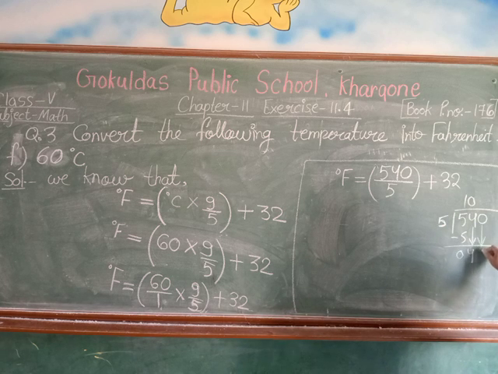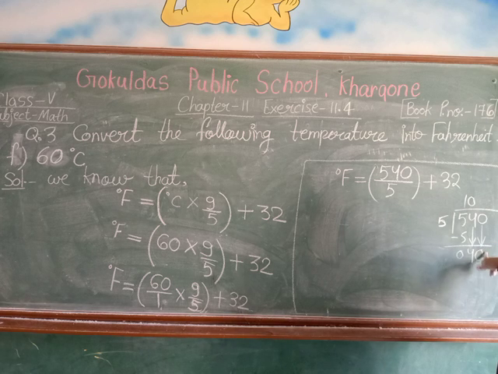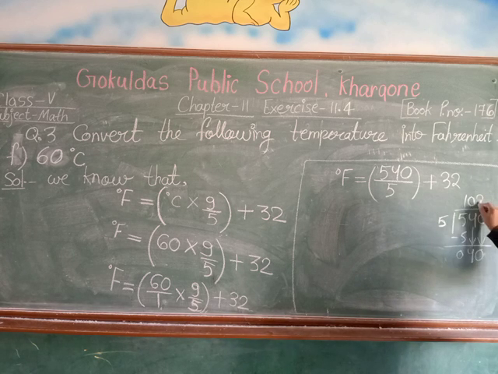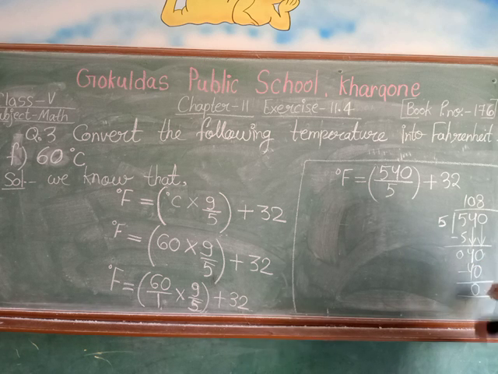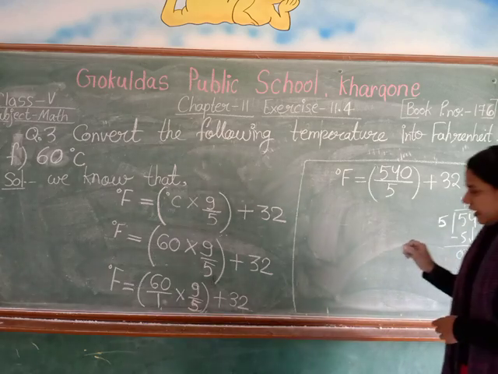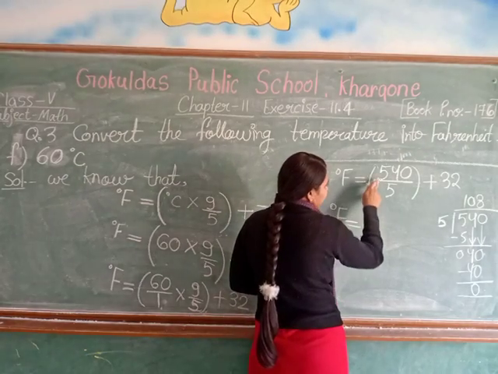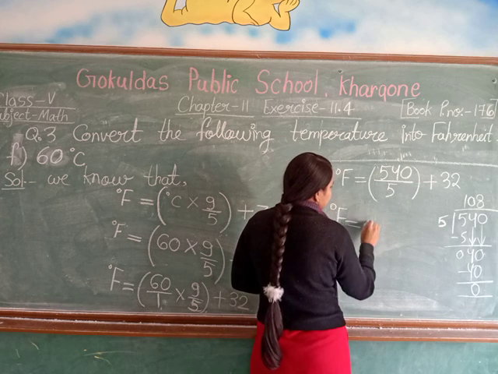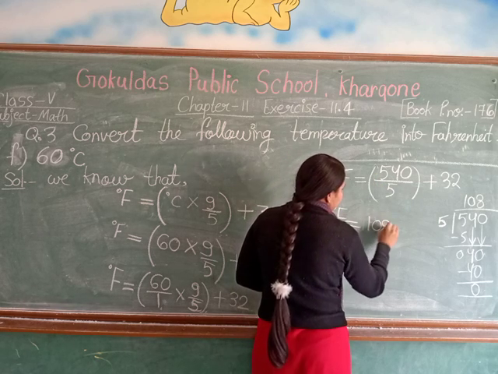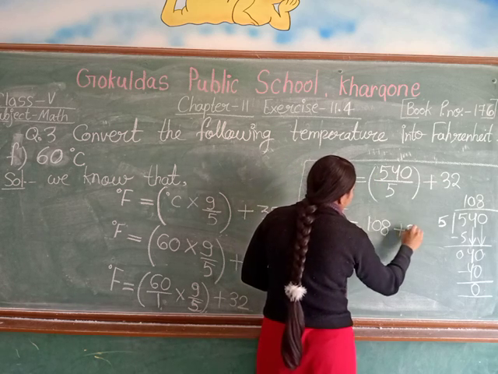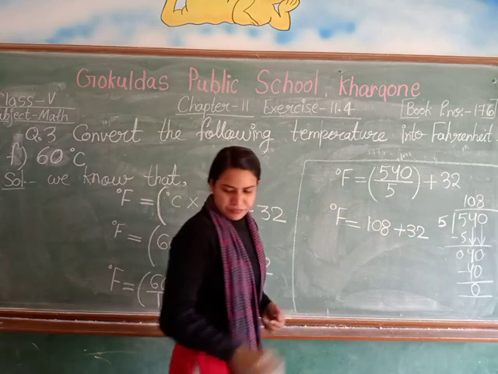Now I can bring down the next digit 0 in the dividend. Now this 40 is divisible. 5 8s are 40. 40 minus 40, 0 is left. Quotient is 108. So degree F is equal to 108 plus 32.